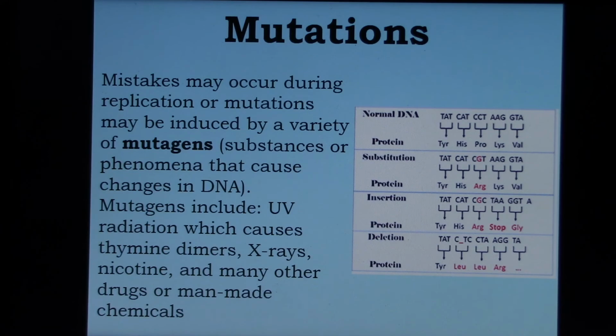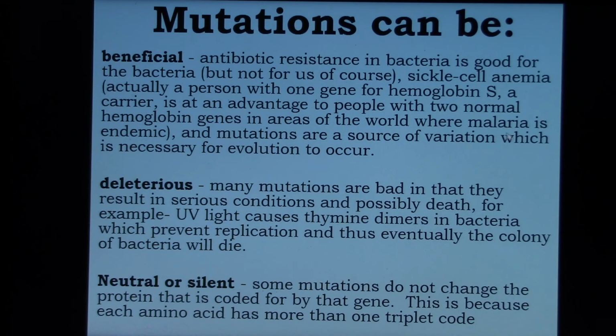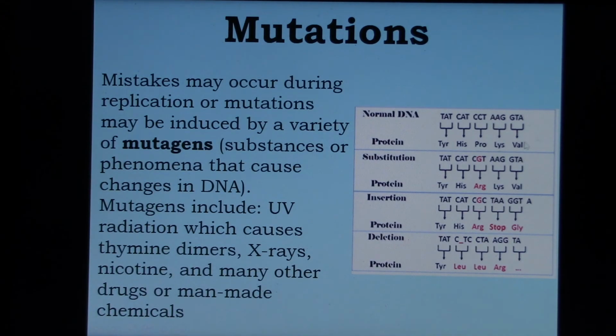So mutations are errors or mistakes that are made with the DNA, and they could be simply a substitution. So that instead of having C here, see how these are in threes? These are actually the amino acids that are coded for in the recipe of the DNA, okay? And you don't have to know this.